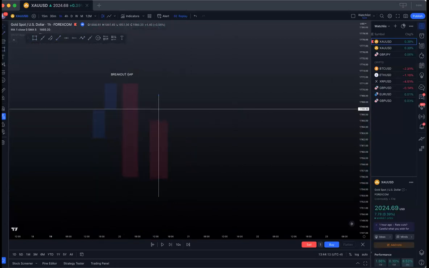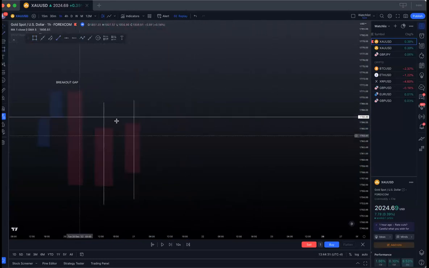This gap level becomes something that you want to observe in the future, because price can come back into it and then sell out. Okay, this is a bearish example.